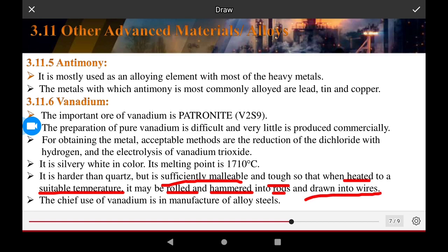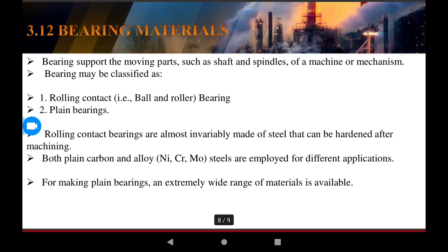The chief use of vanadium is in the manufacture of alloy steel.